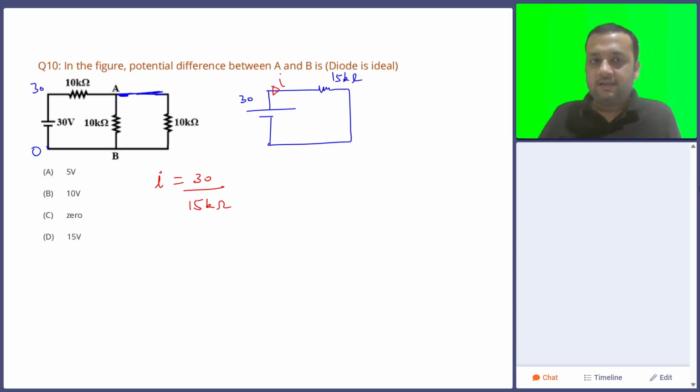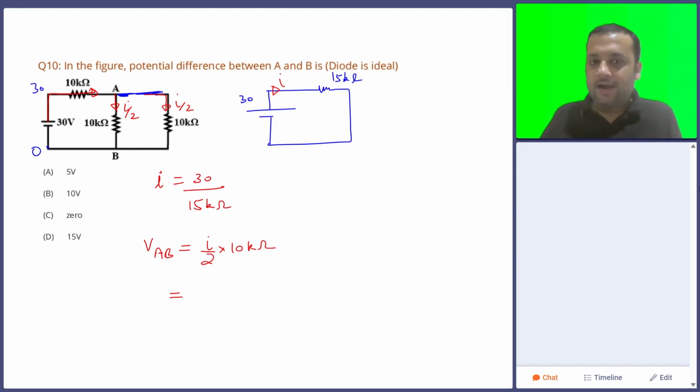Now if you look at the original circuit, this current will start from the battery and cross here, and then it will split. Since both of these are equal, I by 2 current will go here and I by 2 current will go here. Now we simply have to write the potential difference AB. Using Ohm's law, VAB is I by 2 into 10 kilo ohms.